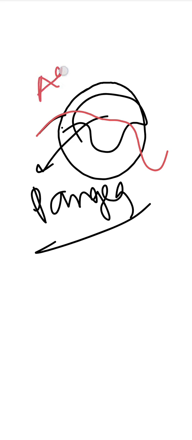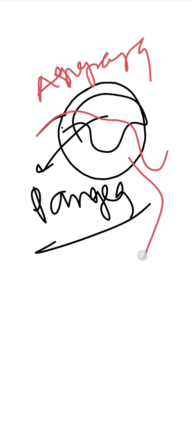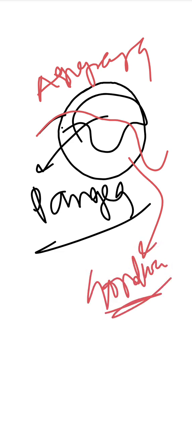The upper one was Angara and the lower one was Gondwana, with the help of Tethys. So this is very clear to everyone. Now our question is to find out about the formation of the Indian landmass, what processes were involved in the formation of the Indian landmass.